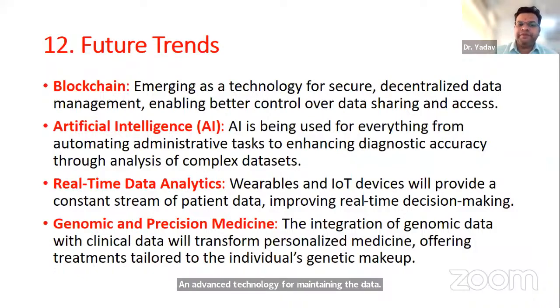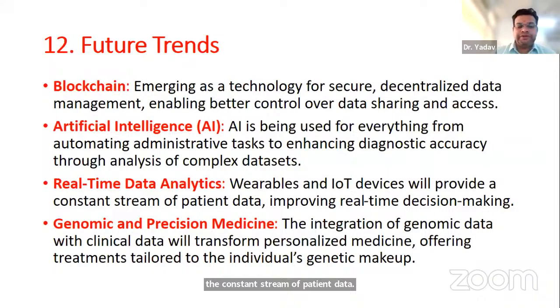Then AI technology can be used for the data collection, and most importantly in the form of data analytics. These machine learning techniques can provide you the insights by analyzing the data within seconds, right? Real-time data analytics. So wearable and IoT devices will provide a constant stream of patient data, improving real-time decision-making.